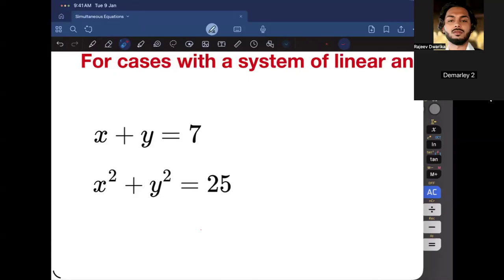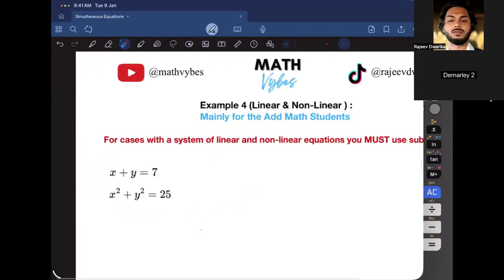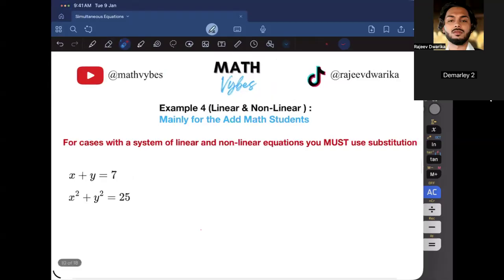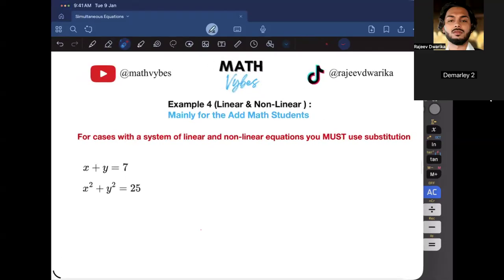It's linear if it doesn't have a power. Over here it's to the power 2, which means this is not linear. And anytime you have a linear and non-linear case, you can't use elimination. You have to use substitution.